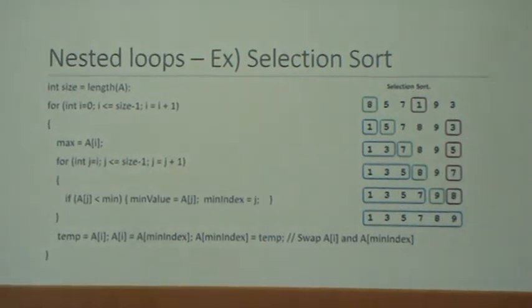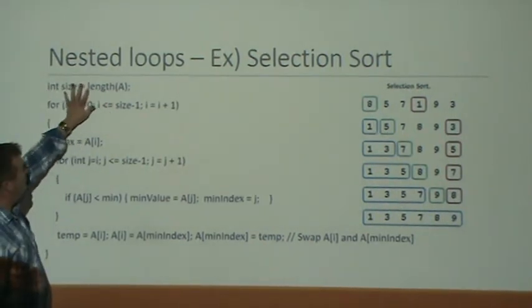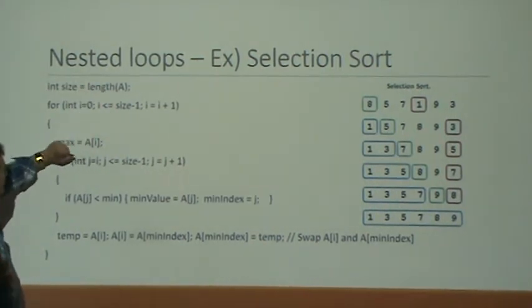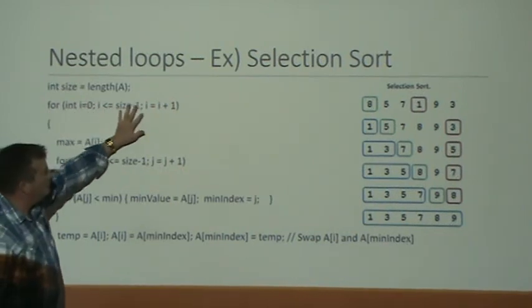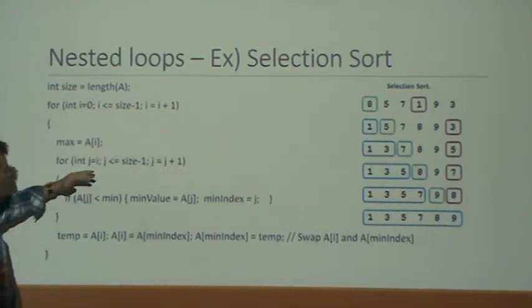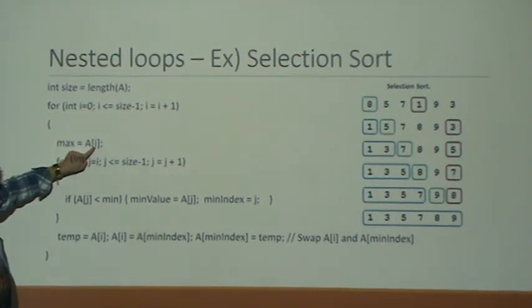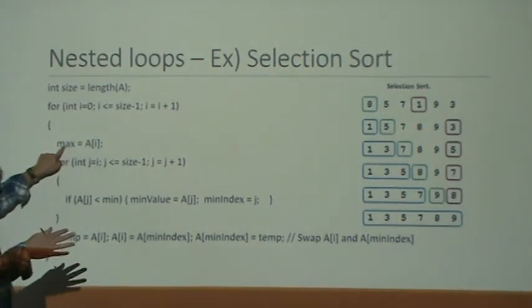So how can we do that? The size of the array equals whatever the length of the array is. For I equals 0, going through the whole array, we're going to take the first number that we read and say that's the minimum number.